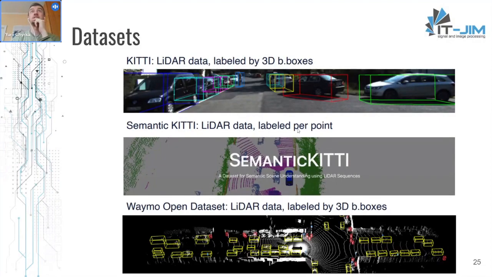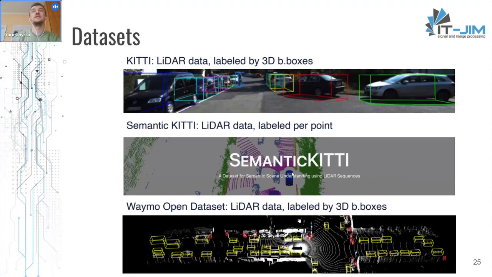And it contains labeled data, for example, a two-dimensional image with labeled three-dimensional boxes around objects, or data with LiDAR point clouds labeled with some semantic labels, as you can see on this example.